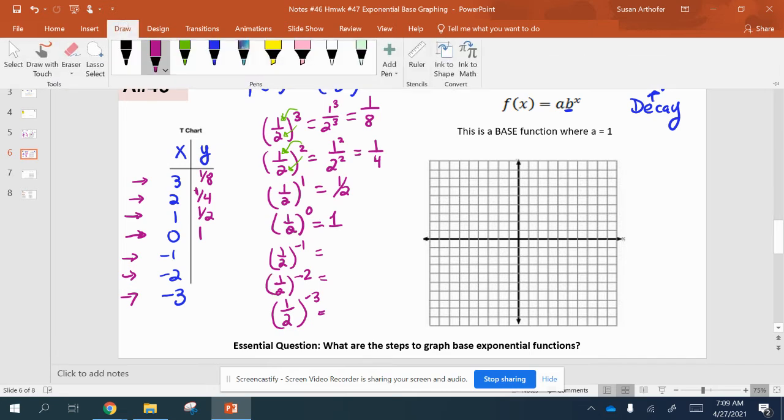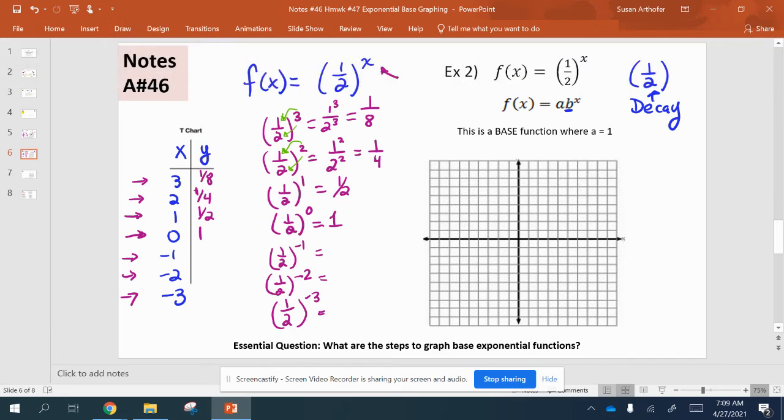Okay, what happens when we have a negative exponent? We're going to distribute that just like we did with the other ones up here. So let's distribute your exponent. So this would be 1 to the negative 1 over 2 to the negative 1.